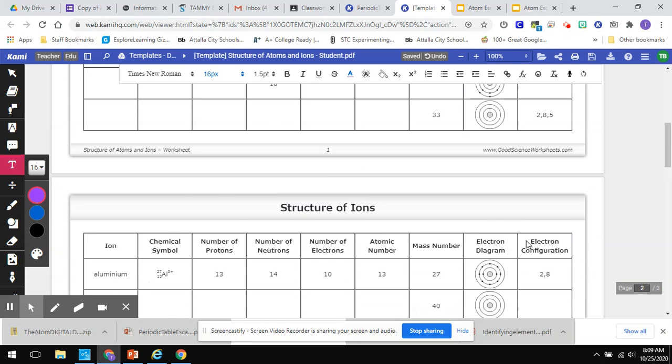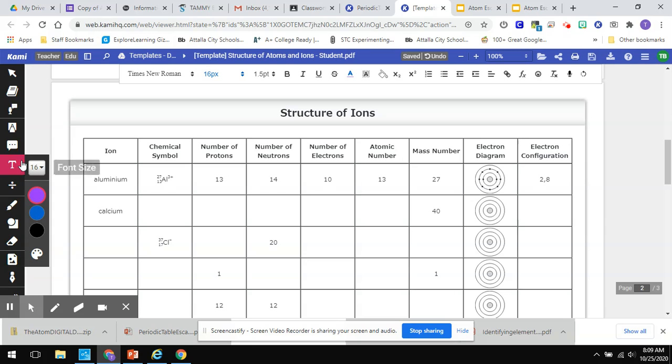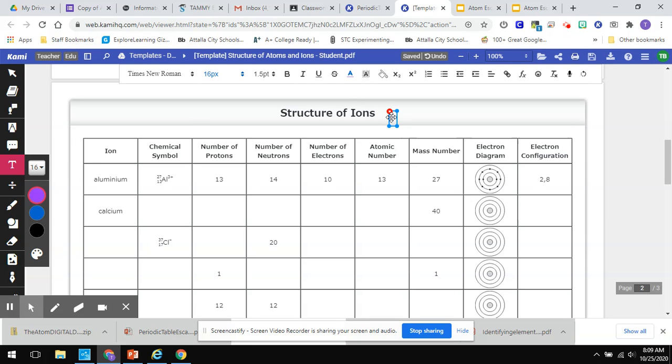I'm going to go ahead and scroll down, and I'm going to do a demonstration of these ions. I'm also going to put a note up here at the top that says this is a charged atom, and what's going to happen is it is going to give or take electrons.